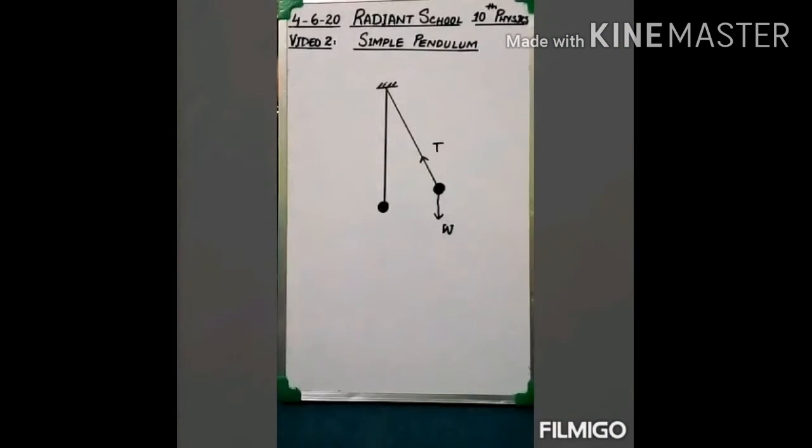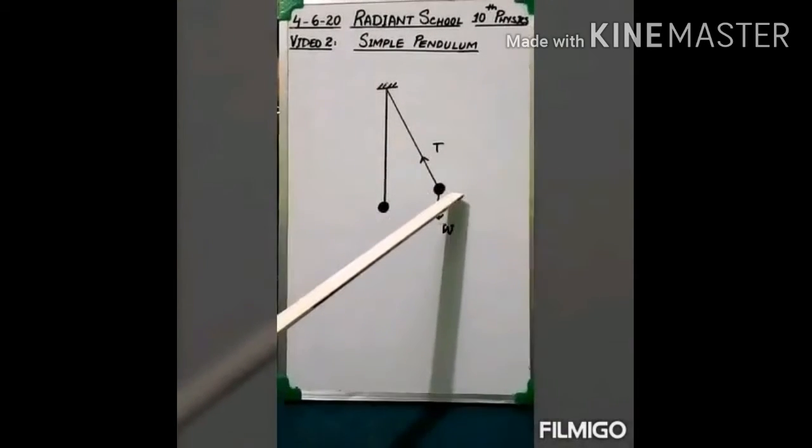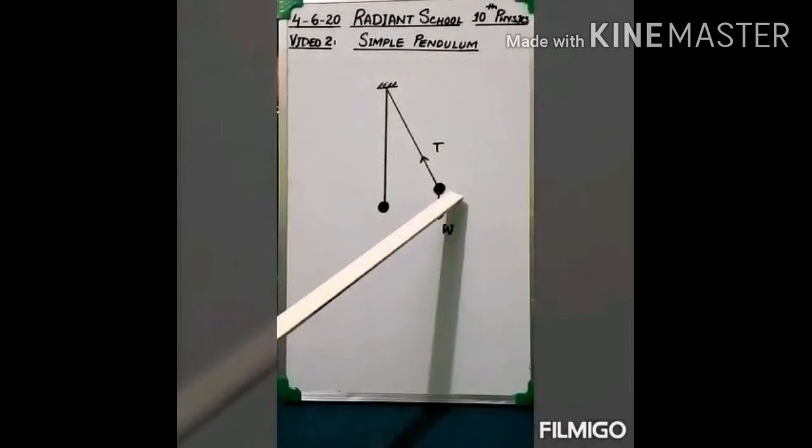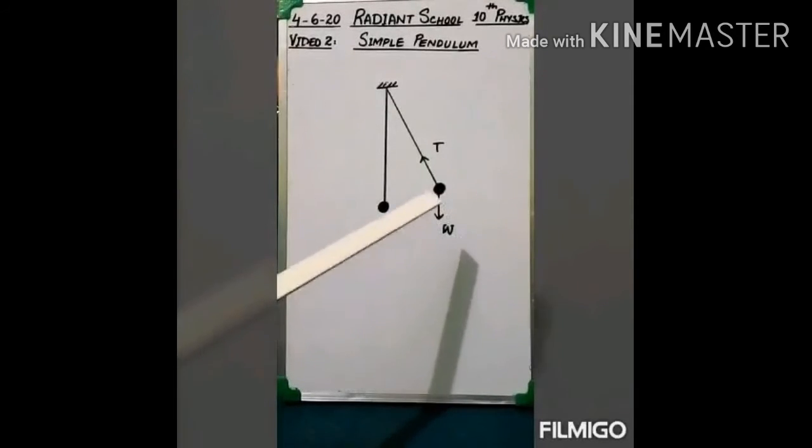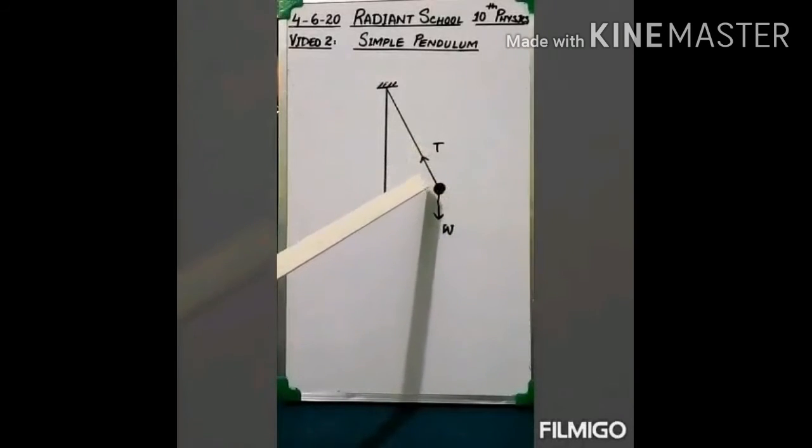Now I will take the bob from the mean position O and I will hold it over here for a while and then I will release. This will be the extreme position A and this will be the mean position O. Now at this point A, have you seen what happened with the forces?